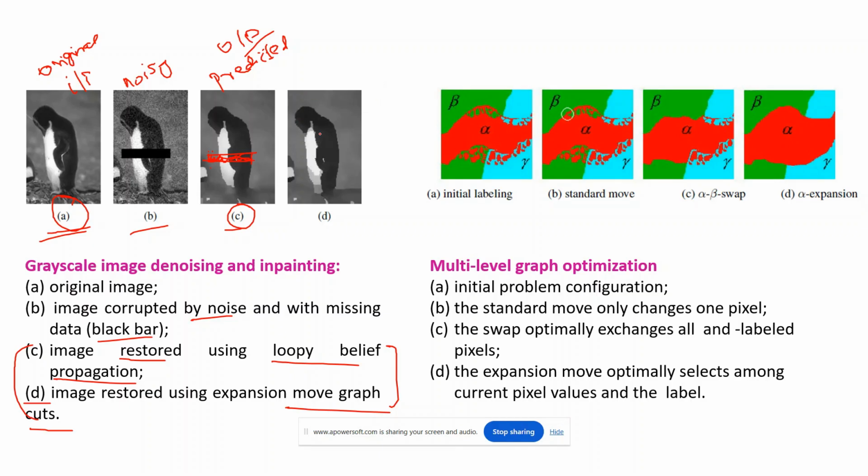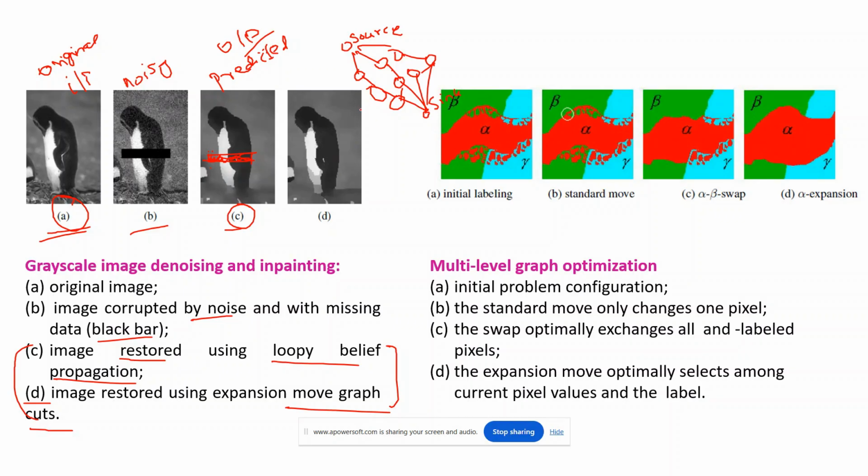In case of graph cuts, I'll represent all the image pixels as nodes. The foreground image is represented with the source node, and the foreground pixels and their neighbors are connected with the source node. The background image is represented with the sink node, so background pixels and their neighboring pixels are connected with the sink node.